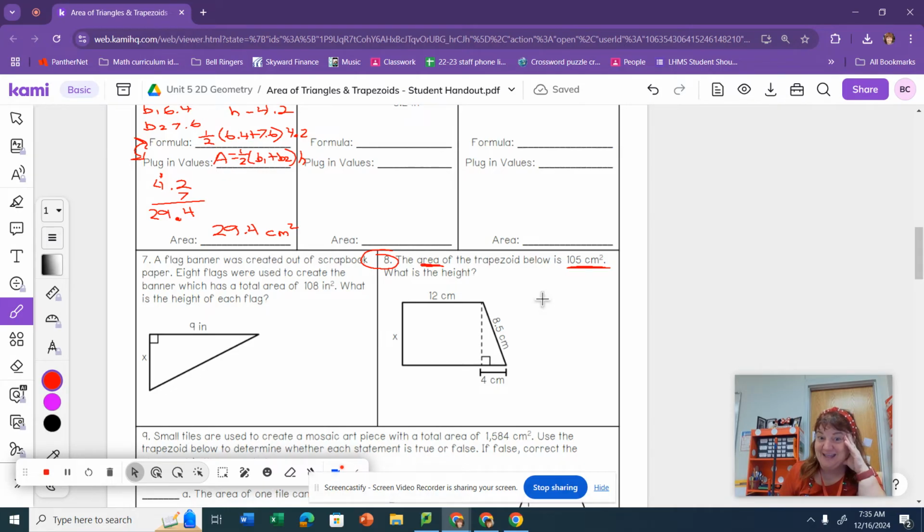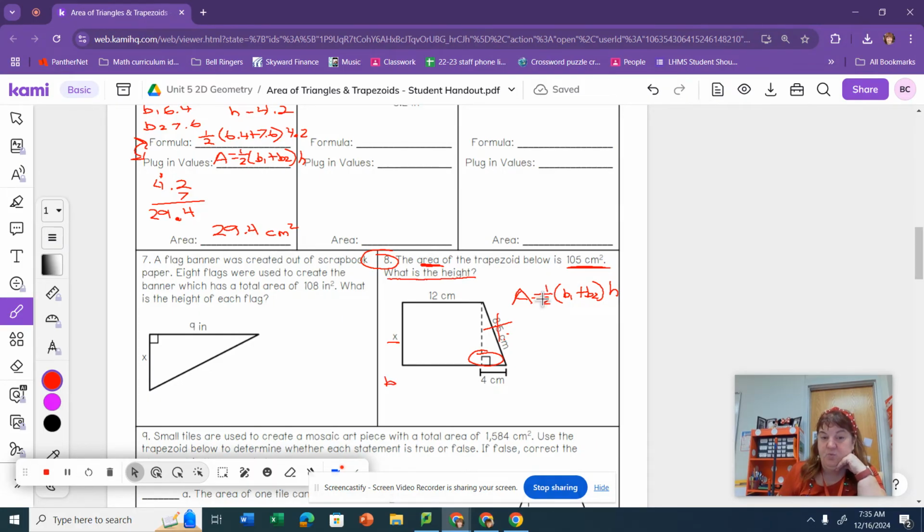So if we write our formula, area equals 1/2 of B1 plus B2 times height. Again, let's look at our height. Where's our height? We don't know our height because this would be the height right here, not this. X is our height. Look, what is the height?